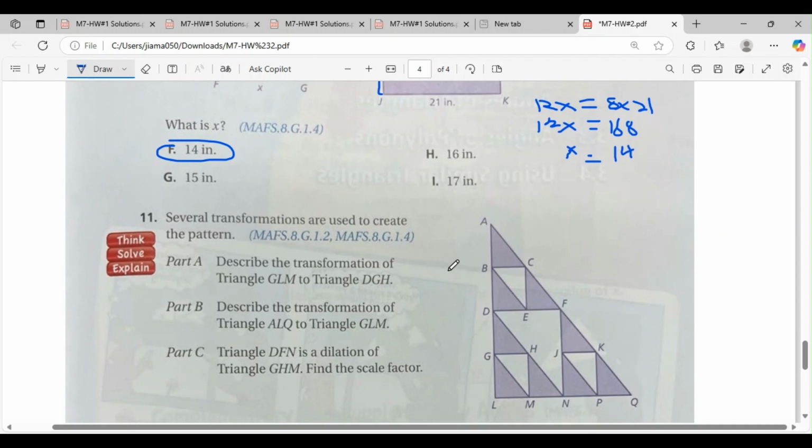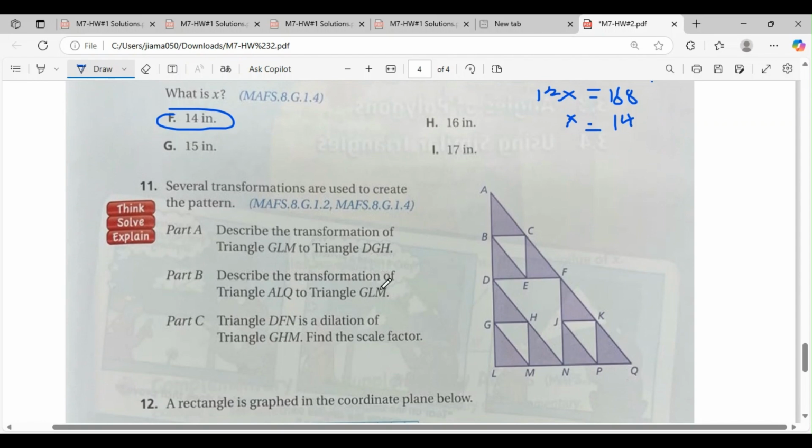Several transformations are used to create a pattern. Part A. Describe the transformation of triangle GLM to triangle DGH. Okay, so GLM, let's find the right here. GLM, DGH. DGH is right here.